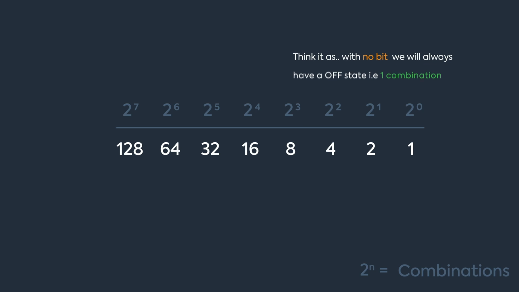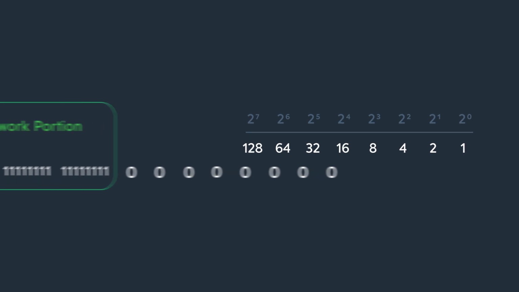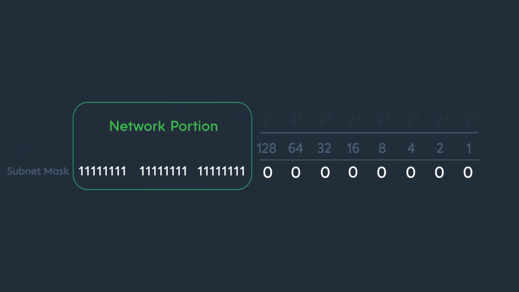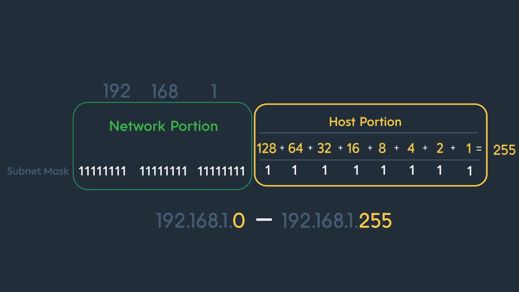Remember, these are just combinations for the corresponding number of bits. And when using a subnet mask of /24, we are left with 8 bits for our host. It can go from all zeros to all ones, and when it's all 1s, the total sum is 255. That's why in a network, our IP address goes from 0 to 255, giving us a total of 256 addresses.